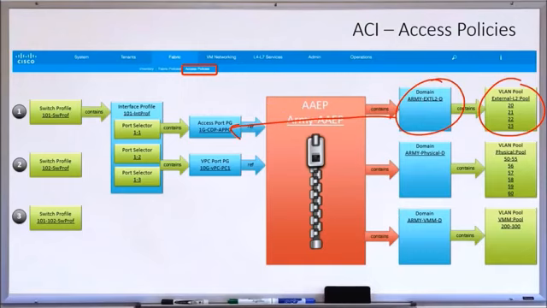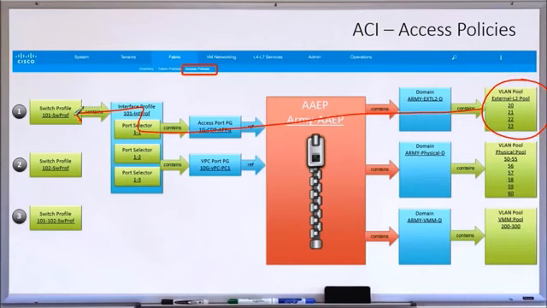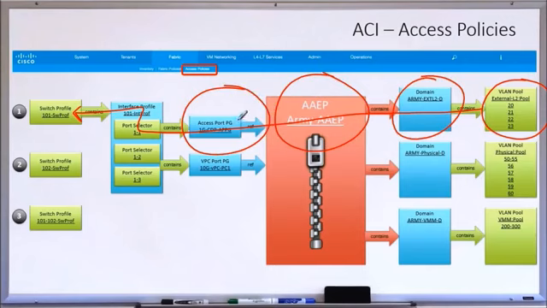So we know at this point, let me clear this off because that was terrible, we know at this point that we need to provision these VLANs on this switch, okay? Because we have a relationship between our domains and our AEP, as well as our interface policy groups, or our IPGs, and our AAEP.